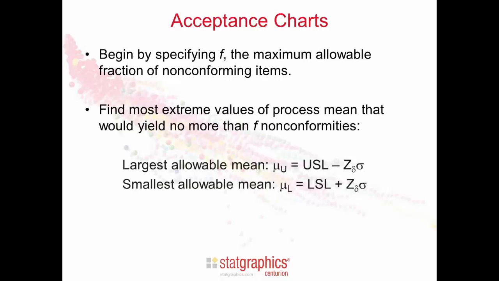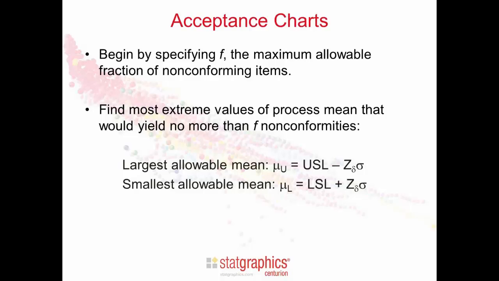We then find the most extreme values of the process mean that would yield no more than F nonconformities. We find some largest allowable value for the mean, we'll call that mu sub u, and some smallest allowable value for the mean, that's mu sub L. Mu sub u will be the upper specification limit minus some multiple of sigma.